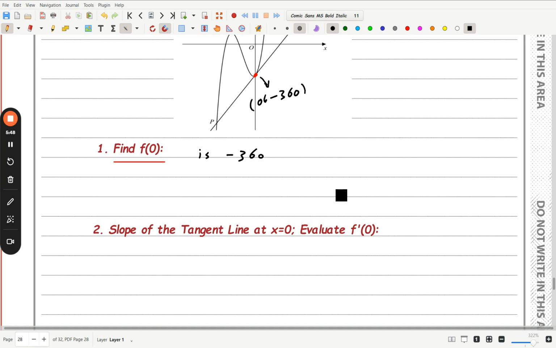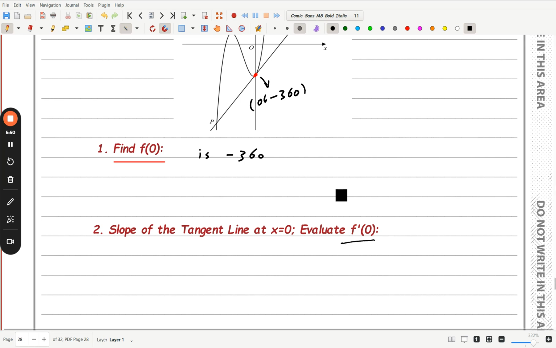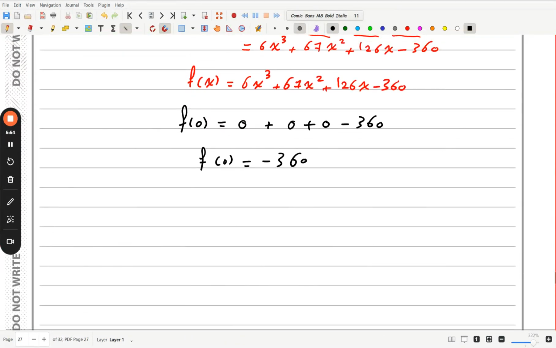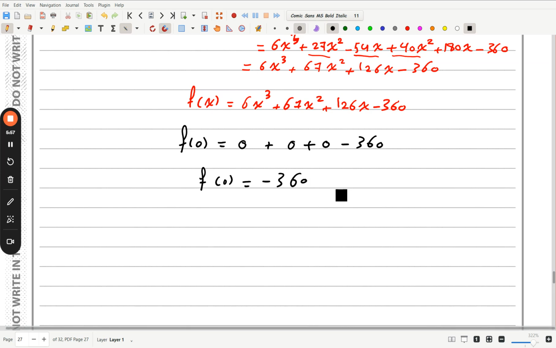Now, for the slope of the tangent line at x equals 0, we need to evaluate f prime of x. For f prime of x, we will use the power rule here to find the derivative.